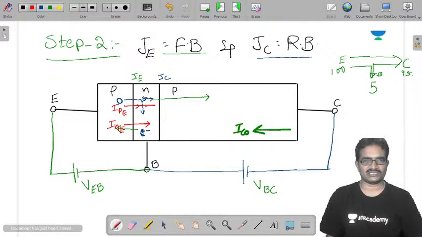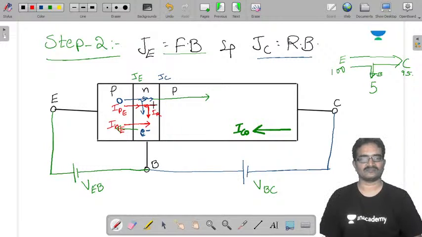Now recombination is there, so recombination current IR. Once recombination is there, the remaining 95 carriers entered into the collector region. Due to this, we get some collector current, that is IPC. The current entering into the collector region is IPC.